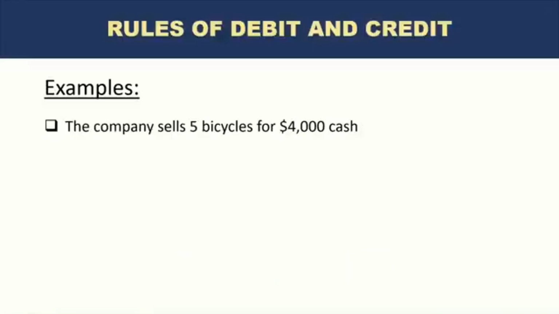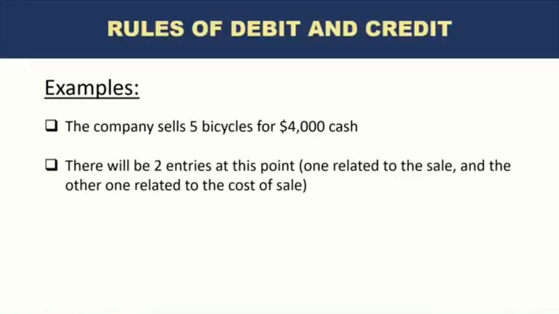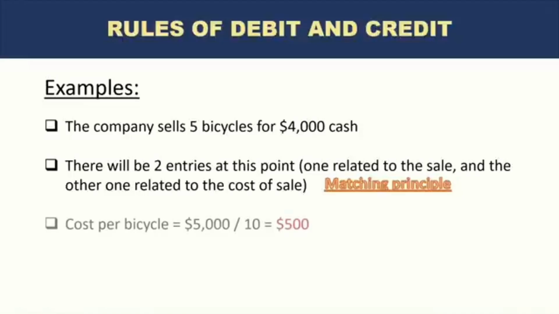So the company now sells 5. Remember, they originally purchased 10 bicycles, but they sell 5 of them for $4,000 in cash. Okay. So there will be 2 entries at this point. One will be to record the sale and the other one to record the cost of sale. Matching principle. Now, what is the cost per bicycle? We know the company purchased bicycles for $5,000 and there were 10 bicycles.